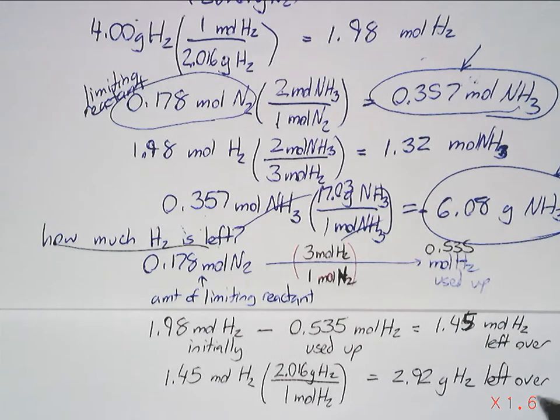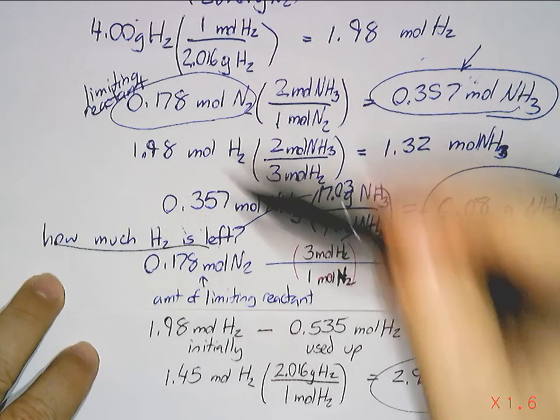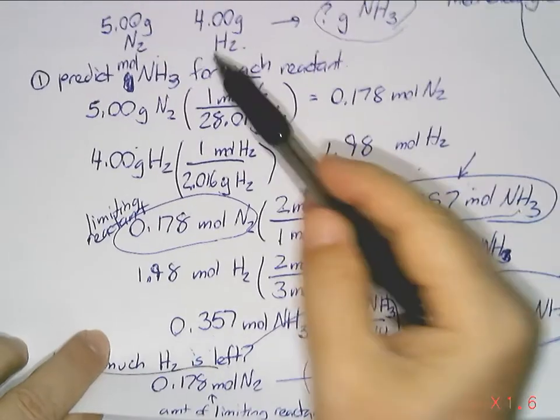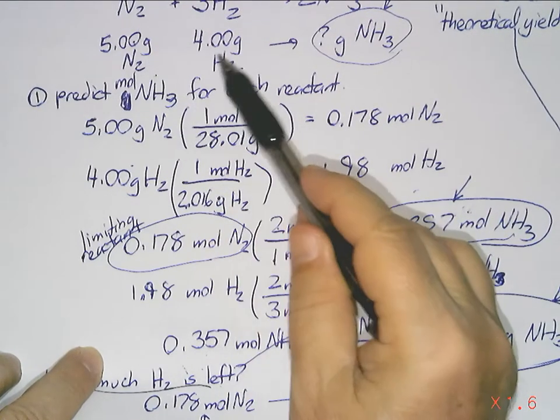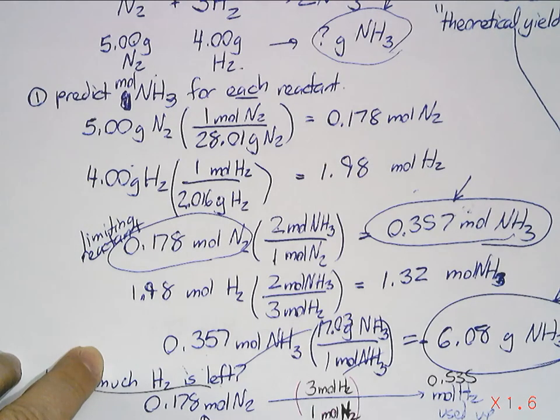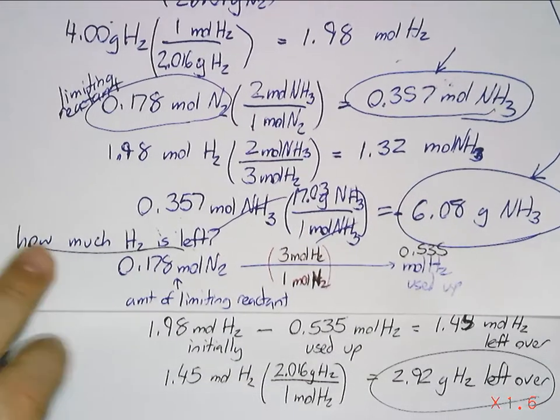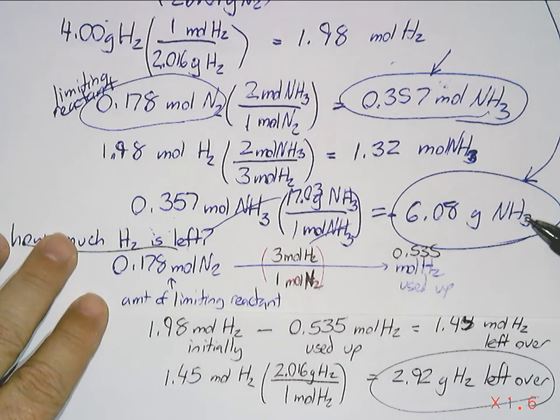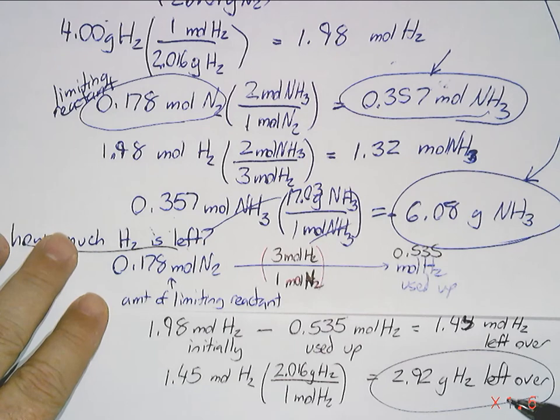So now we're done with this long calculation. Now what we had before was 5 grams of N2 and 4 grams of H2. So before anything happened, we had 9 grams of stuff. Now, we ought to have the same number of grams of stuff after. If you add the grams of product that you predicted, plus the grams of leftover stuff that you predicted, that all add up to the initial mass.